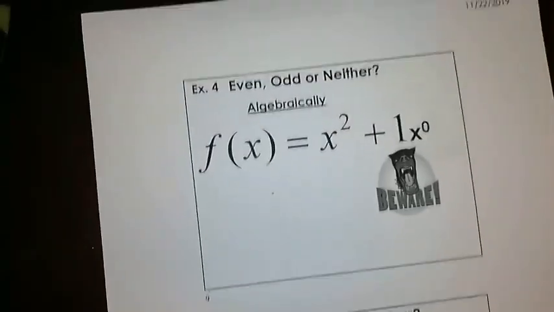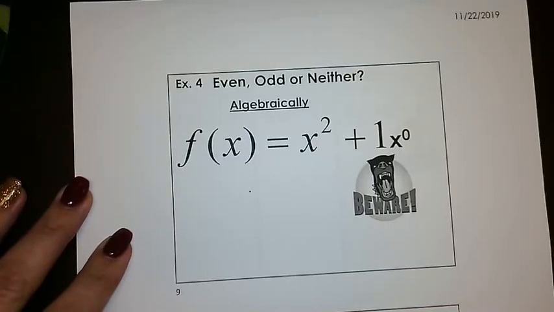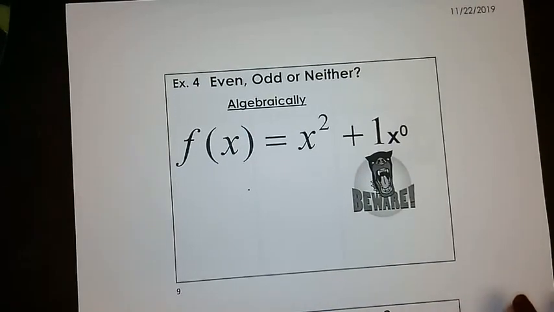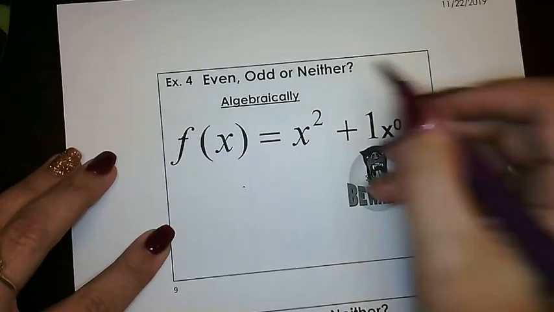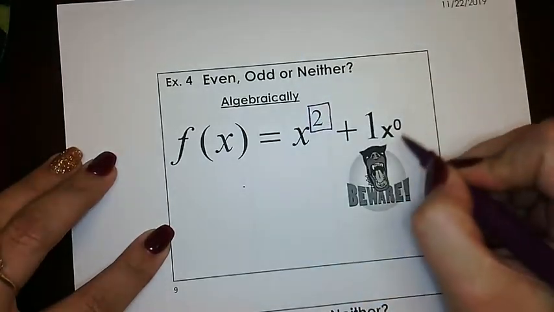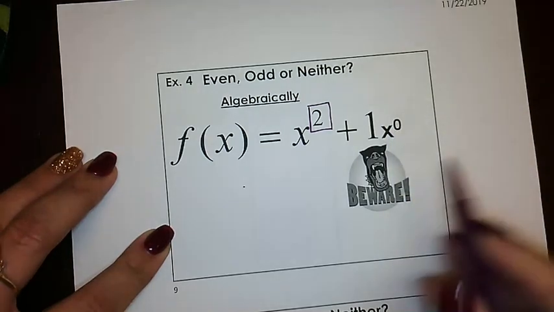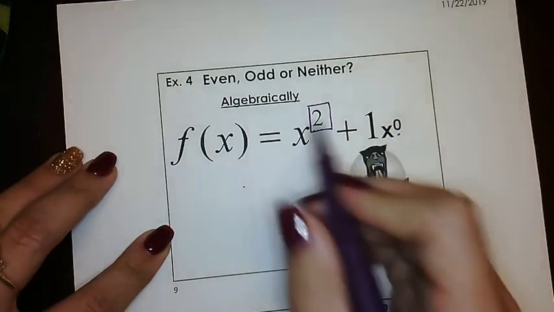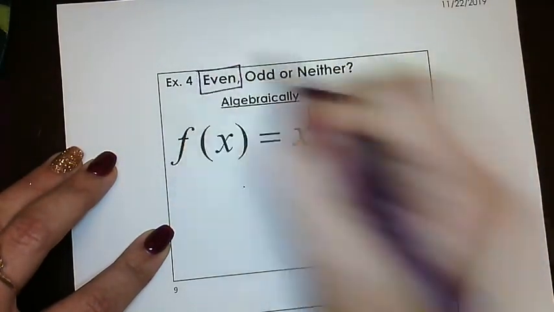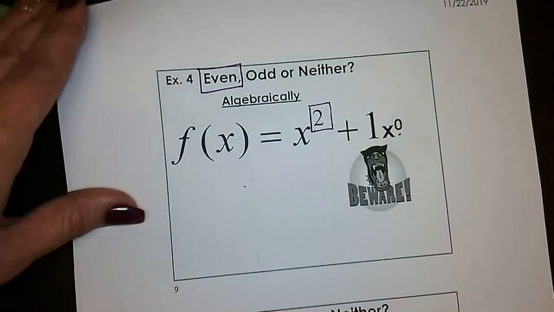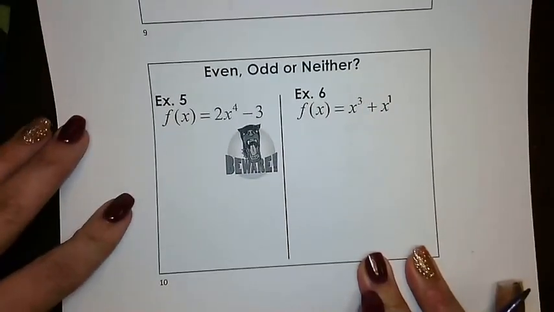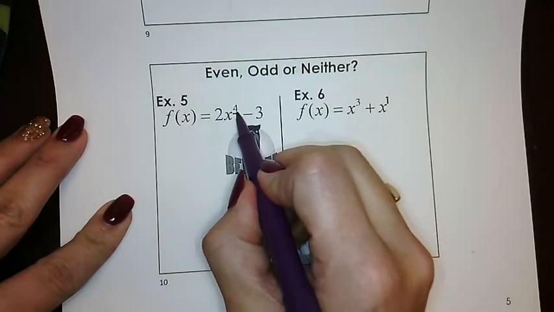If I look at an equation, I can see I have a degree 2, then I have a constant. Remember, a constant is x to the power of 0. These are both even, so this is an even function. I look down here, this is even.